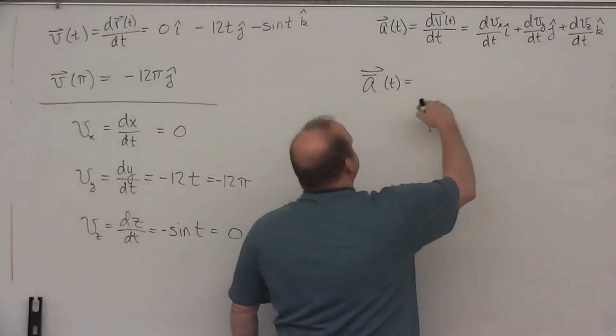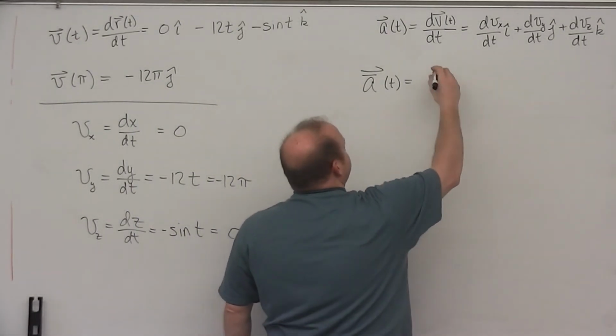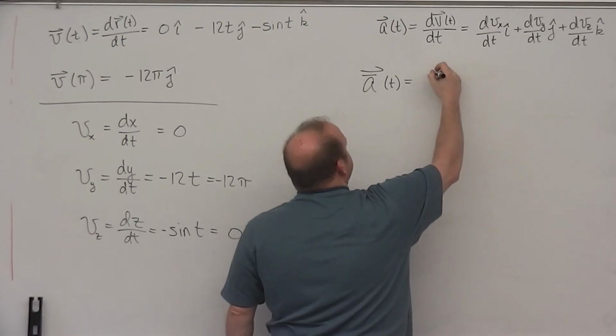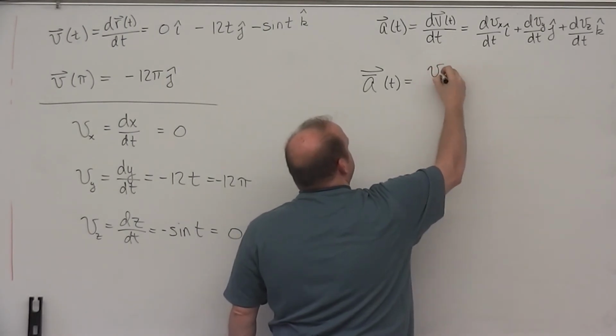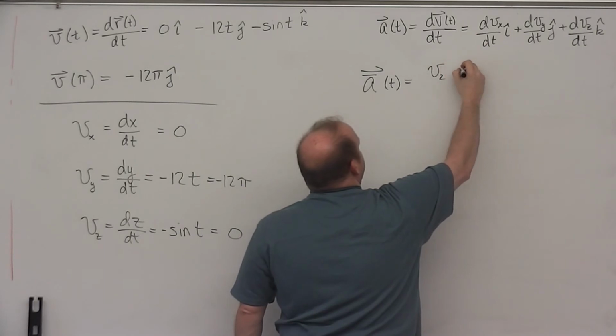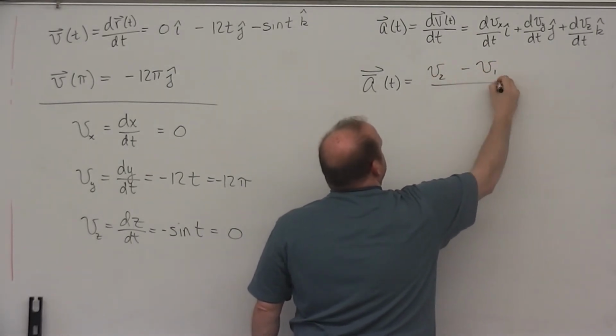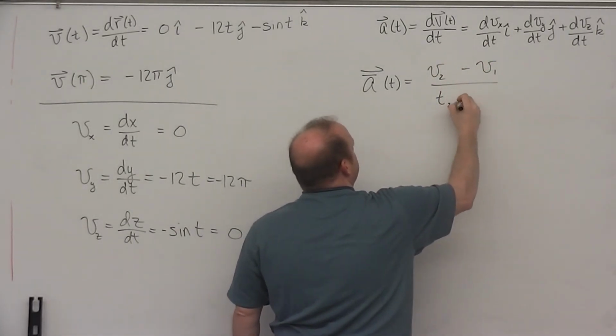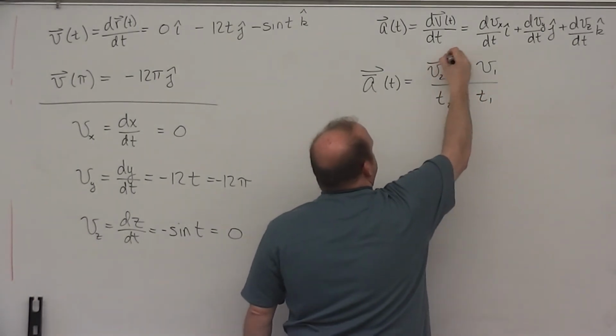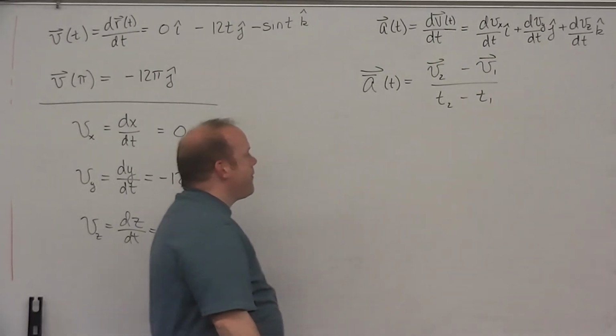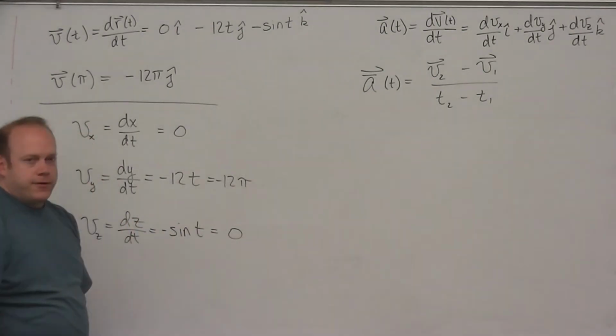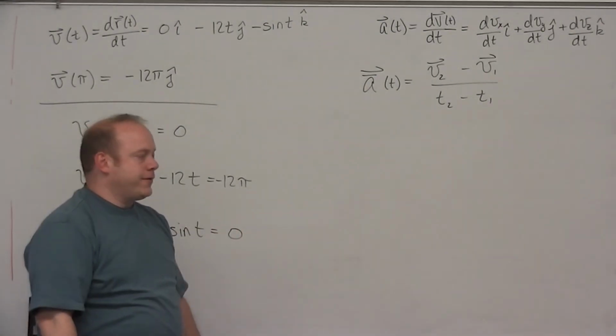So average acceleration, and you're going to do it in exactly the same way, is v2 minus v1 over t2 minus t1, and these are vectors. You do it in the same manner that we defined the average velocity.